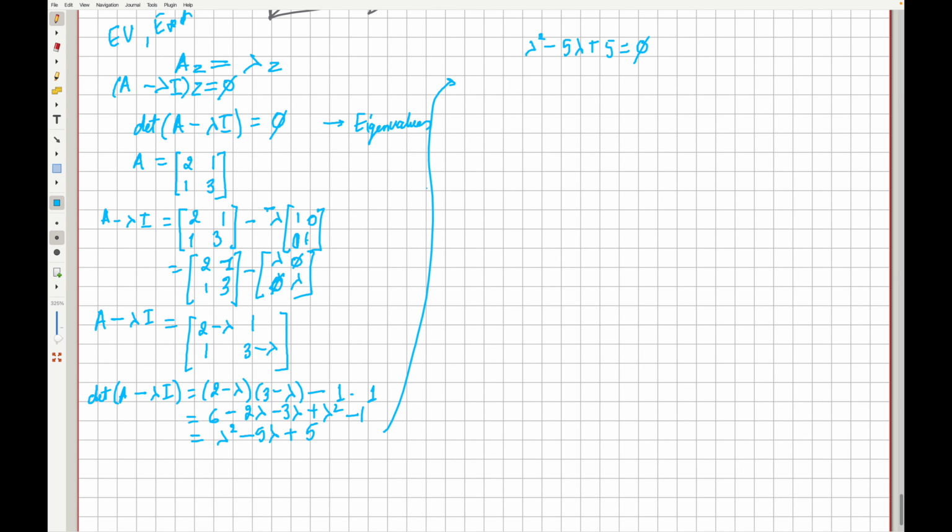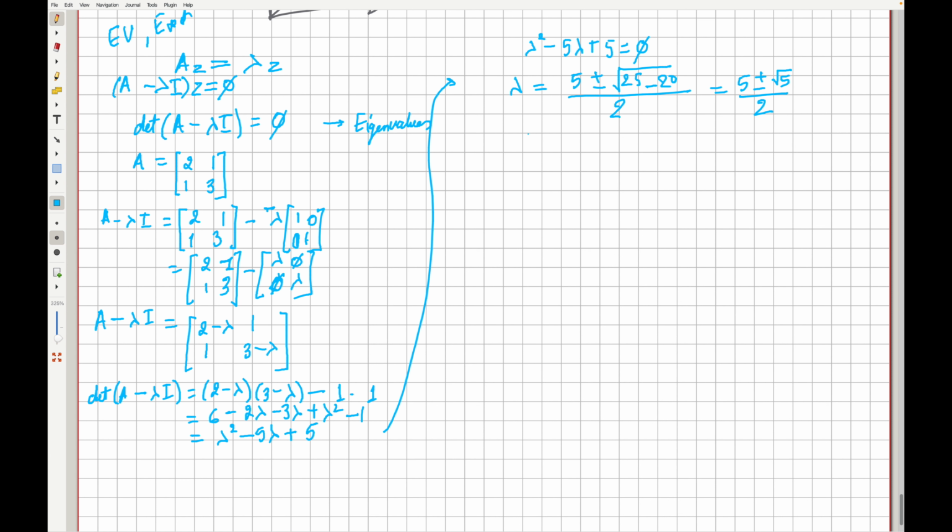If we try and solve this using the quadratic formula, we would get lambda is equal to 5 plus or minus the square root of 25 minus 20, divided by 2, and that gets us 5 plus or minus the square root of 5, divided by 2.